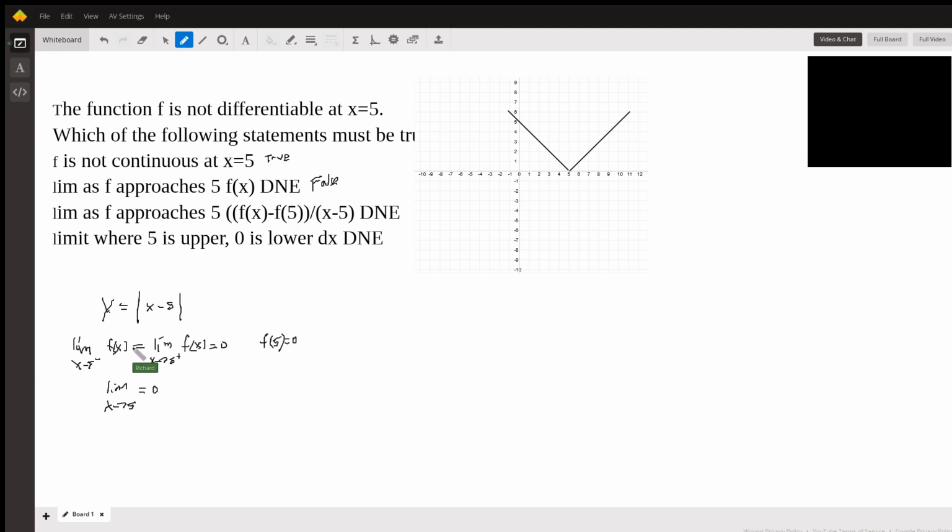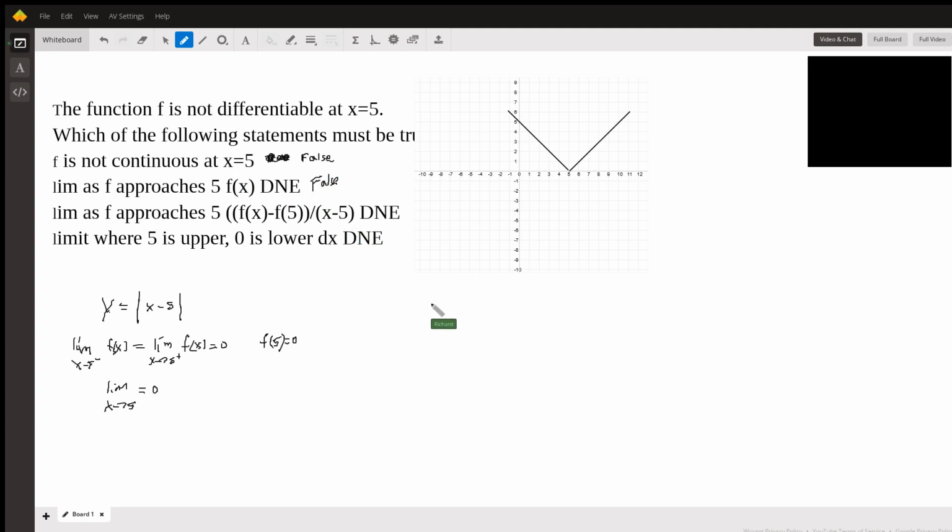Because the left-hand limit is 0, the right-hand limit is 0, so the two-sided limit is 0. Oh, not continuous, excuse me. So it definitely is continuous. Excuse me, I didn't see that. It is continuous, and the two-sided limit does exist.